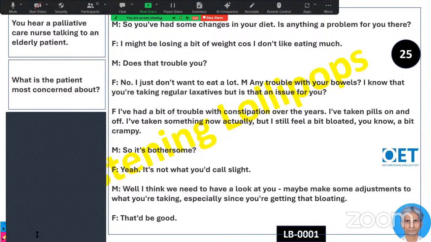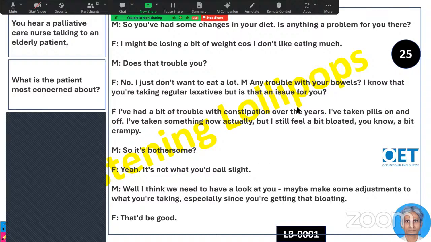Now, what is the synonym of the word which you find in the audio text? In the dialogue, what is the synonym you find here? Synonym, please, from the audio. Here, trouble is there.